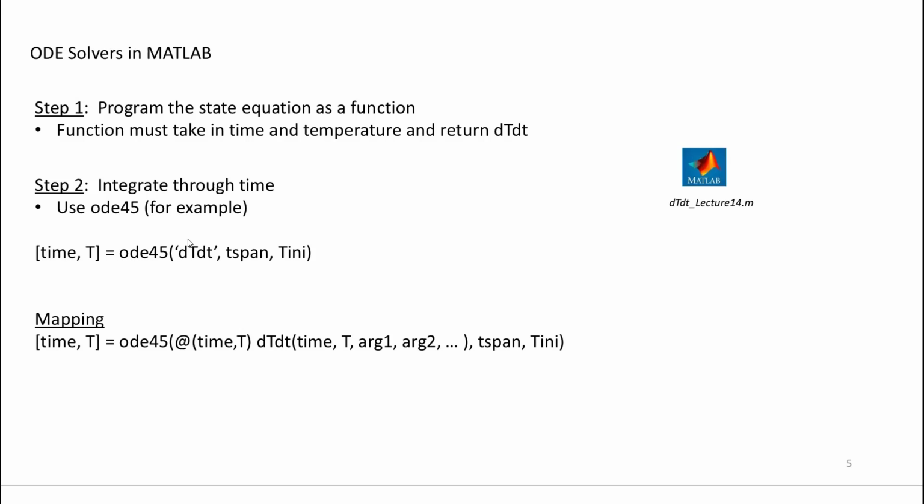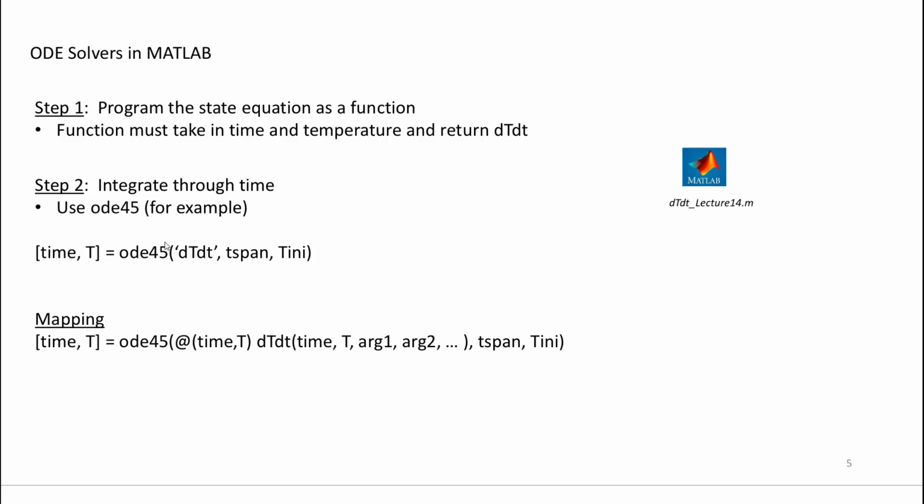You evaluate it given the name of some function that you write, we'll call it dT/dt. Then you pass to it the span of time you want to evaluate over, and then the initial condition. It will return to you a vector of time and a vector of temperature that have the same dimension, so temperature according to any specific time.